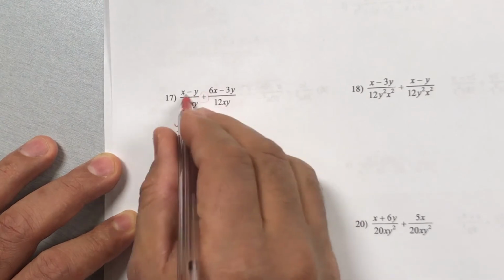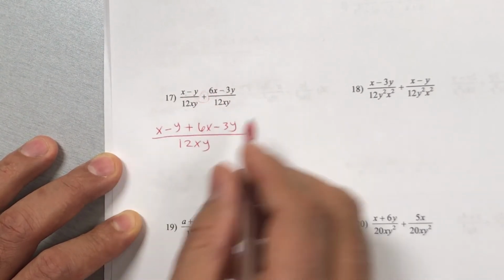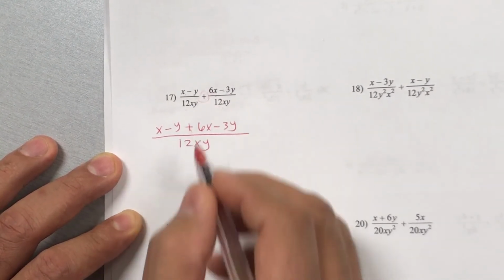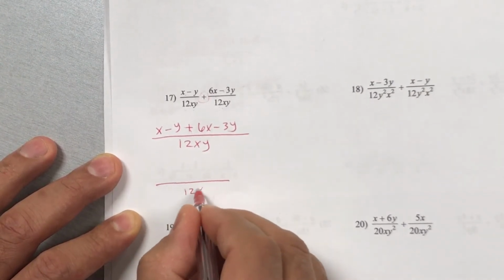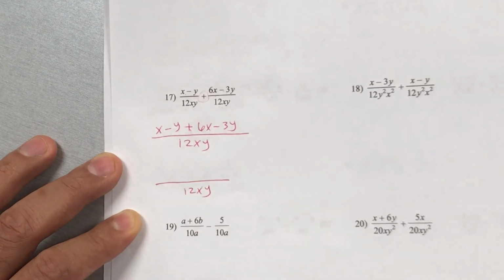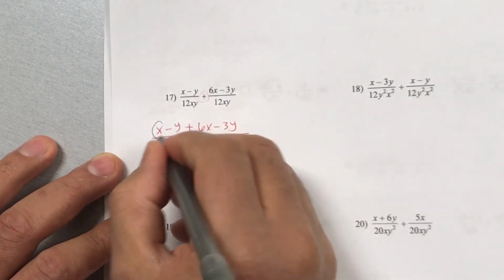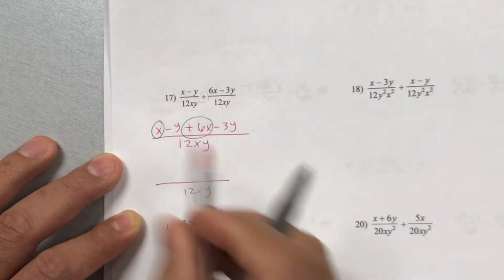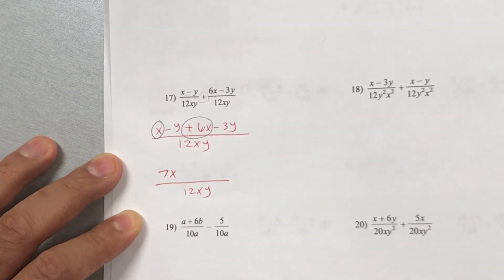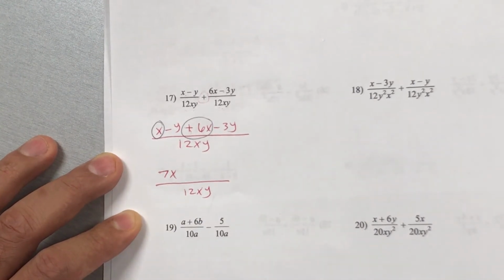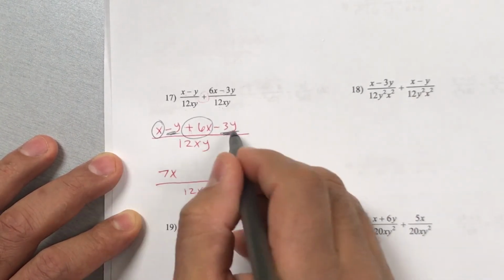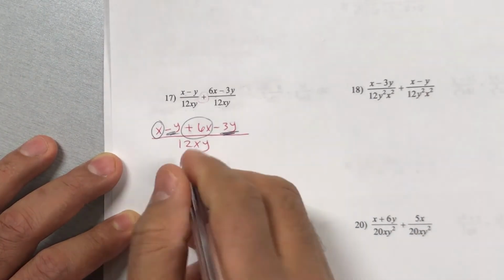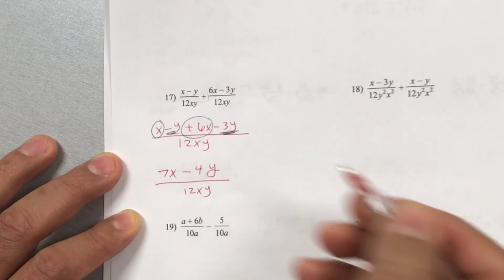I have nothing to do with the bottom part, the denominator, so let's see the numerator. x plus 6x equals 7x. And negative y plus negative 3y is negative 4y.